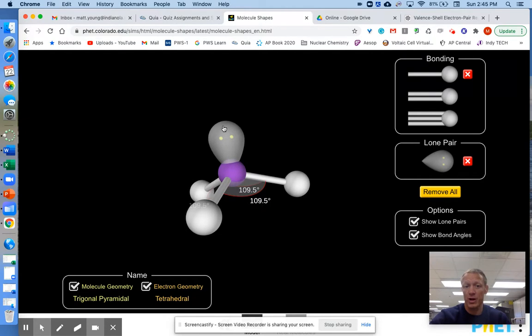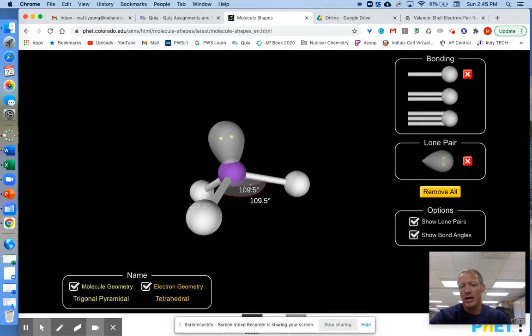Whereas before it was just a bonded pair, now it's an unshared pair. So electron geometry is still tetrahedral. That won't change. Whenever there's 4 electron pairs around the central element, whether they're shared or unshared, that will still be tetrahedral. Molecular geometry is called trigonal because there's now 3 elements coming off there. Pyramidal because it's in the shape of a pyramid.